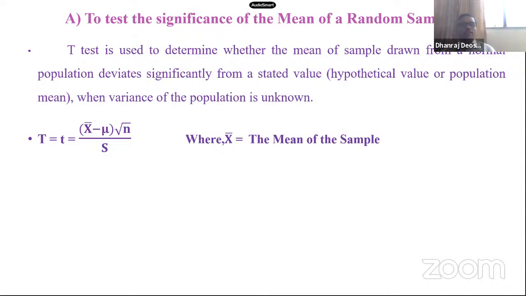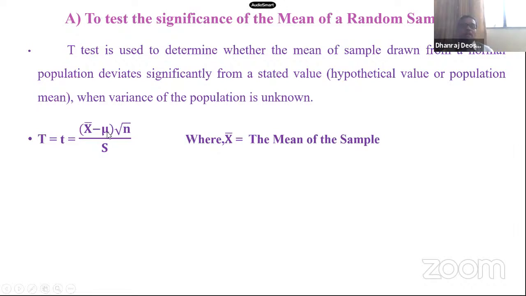The formula for the one sample test is t is equal to, small t is the t test value. Firstly, X bar is nothing but whatever sample data is there, the arithmetic mean of that sample data is called X bar. Then minus mu.